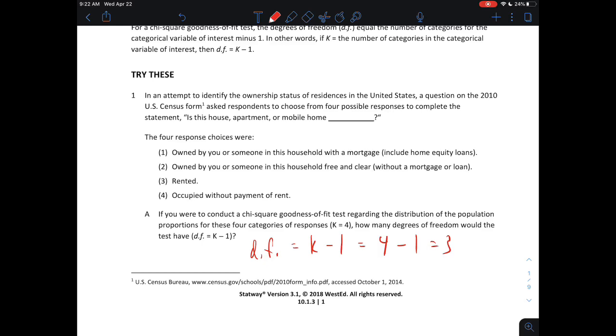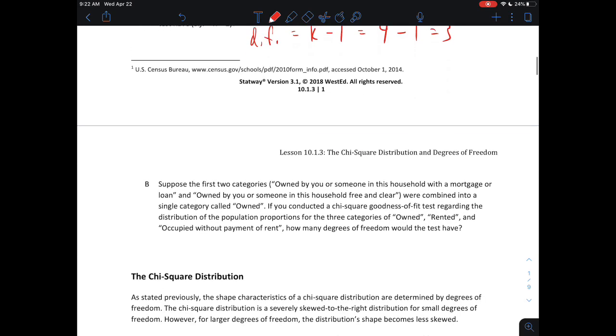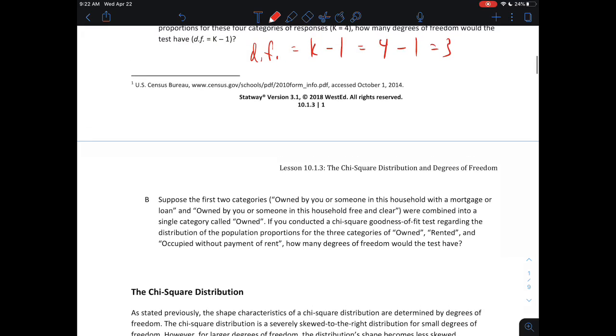And then continuing on to part B, suppose the first 2 categories, owned by you or someone in this household with a mortgage or loan, and owned by you or someone in this household free and clear, were combined into a single category called owned. If you conducted a chi-square goodness of fit test regarding the distribution of the population proportions for the 3 categories of owned, rented, and occupied without payment of rent, how many degrees of freedom would the test have now?